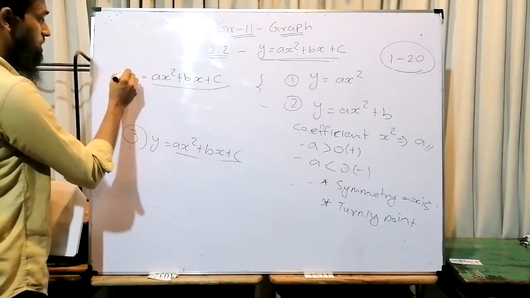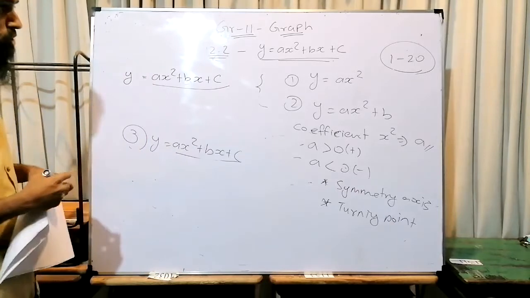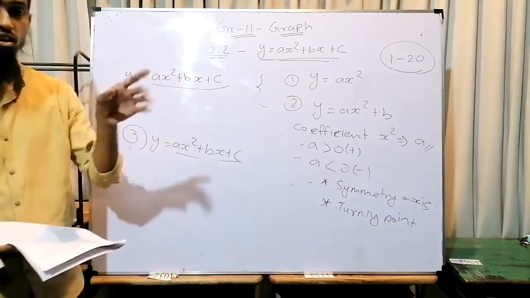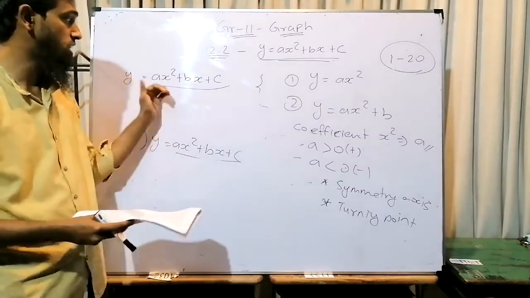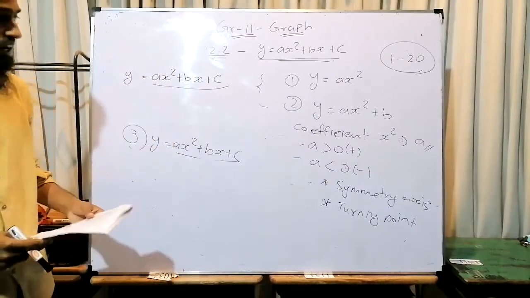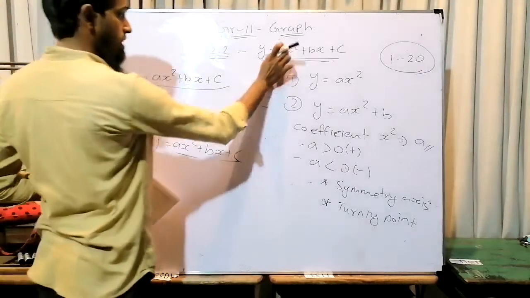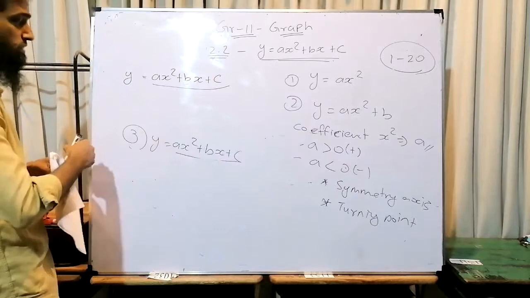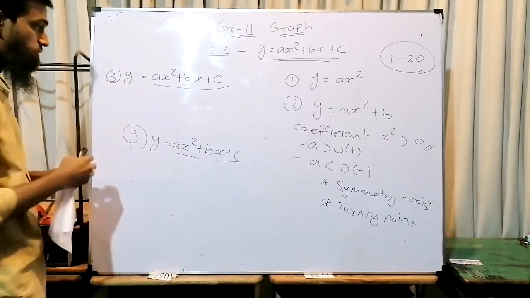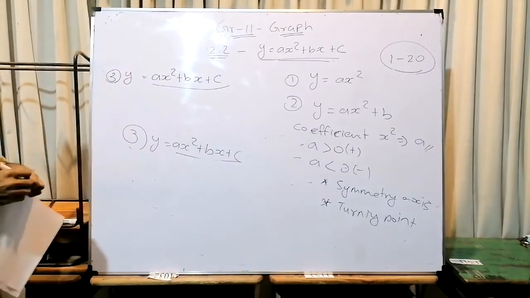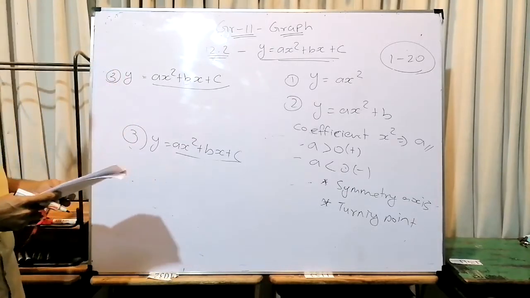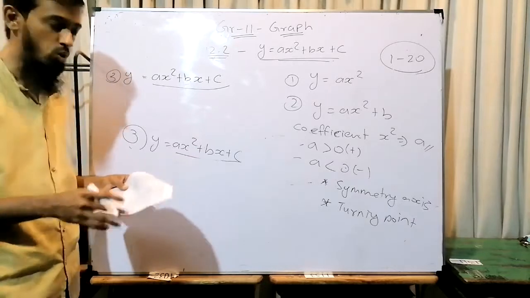Before that, we are going to add the y. We already did the exercise. We already drew the 4 graphs under this section. One of the basic things you need to remember: this type of equation, the third form of equation, is most related to a quadratic equation.